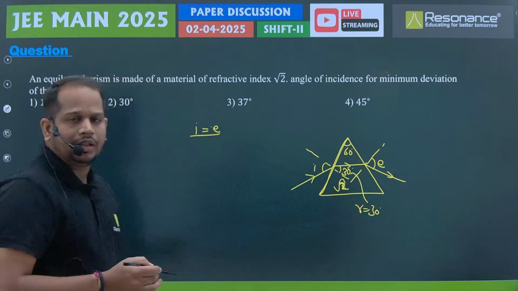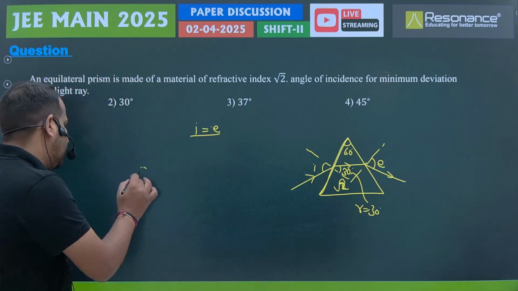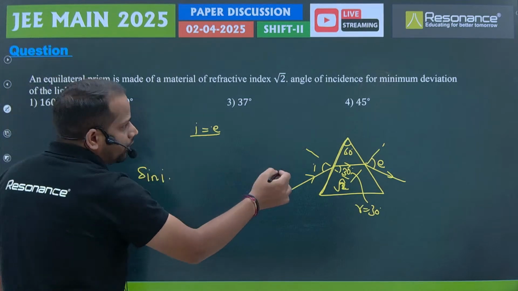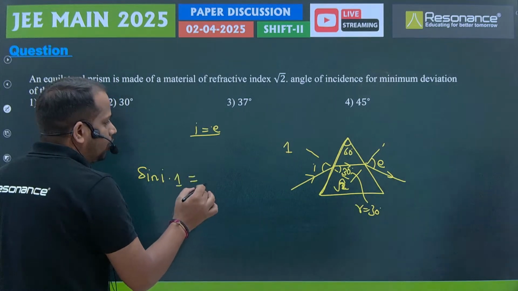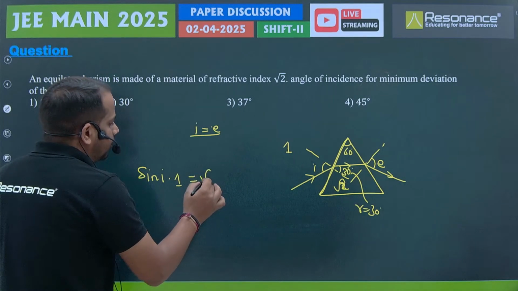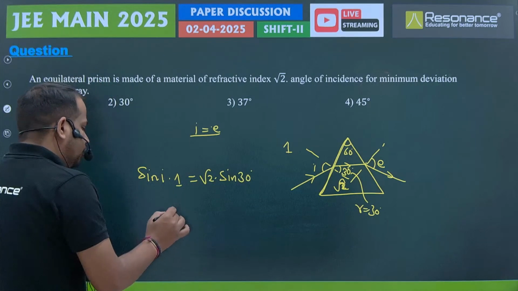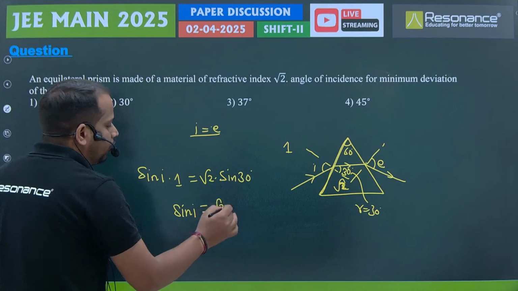Can we just apply the basic Snell's law at one surface? Sin i into the refractive index on this side, which is not given, so let's say air is there, so this is 1, is equal to √2, and that is r, sin 30. So sin i is equal to √2 into sin 30, which is what?